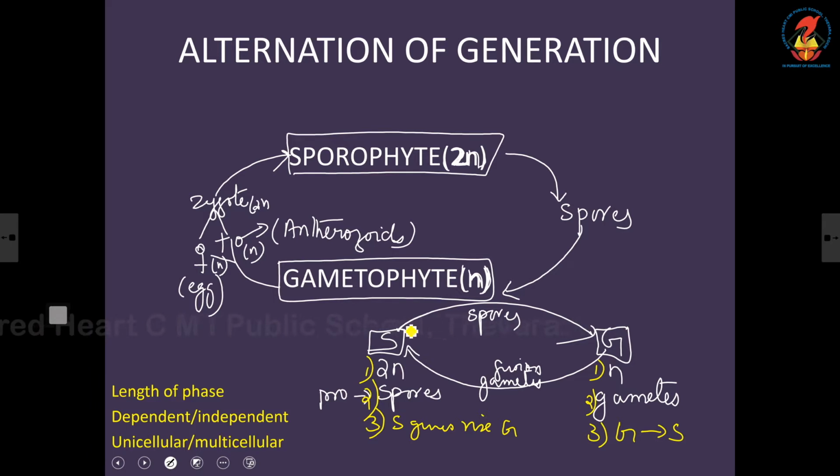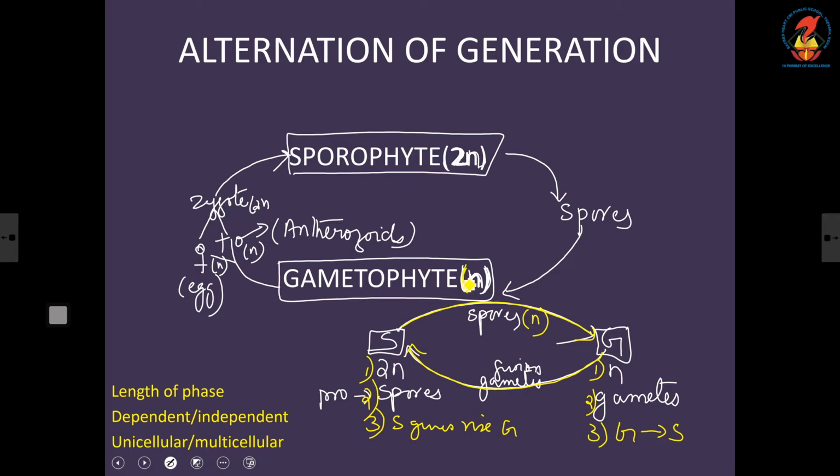And remember how the sporophyte gives rise to the gametophyte? With the help of spores, which are N, haploid, and the gametophyte gives rise to the gametes, which develop into the sporophyte. Now let's justify with the ploidy.